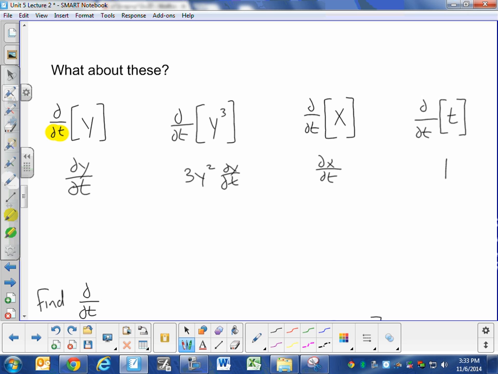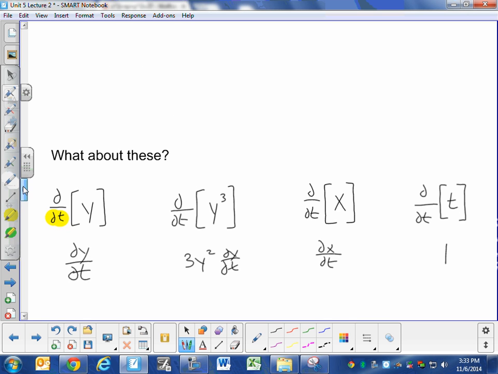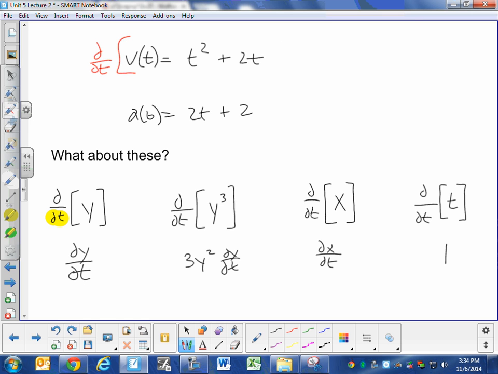You guys have been doing this. You've been taking the derivative with respect to t. I would give you a velocity equation. Pay attention, it's important. And I ask you to find my acceleration equation. And you're like, oh, that's just the derivative. That's just 2t plus 2. Well, what you didn't realize is you were taking the derivative with respect to t to do that.